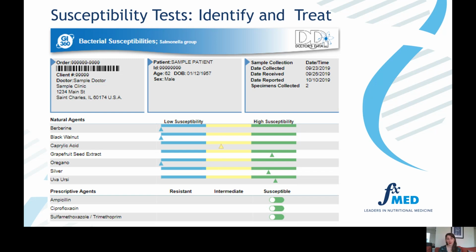If you haven't seen susceptibility testing before, what they do is they actually isolate the specific salmonella in this person's stool sample, and they pull it out and culture it. So they take the particular salmonella from this person's stool and grow it in a petri dish. And then they take that specific salmonella and they test it with the commonly used antimicrobial agents.